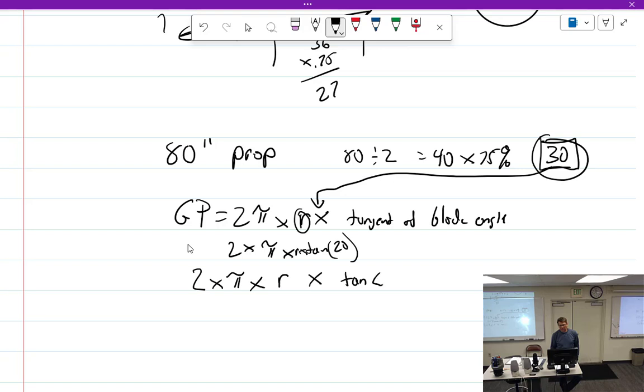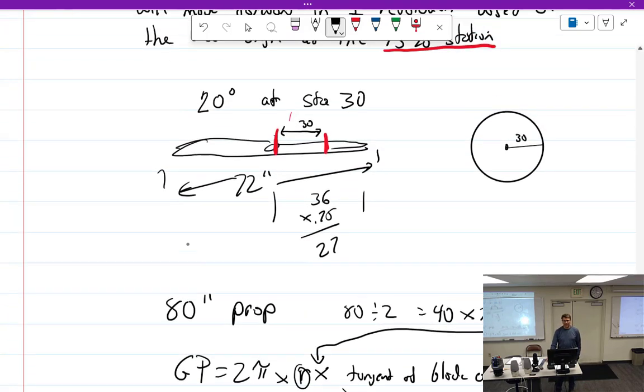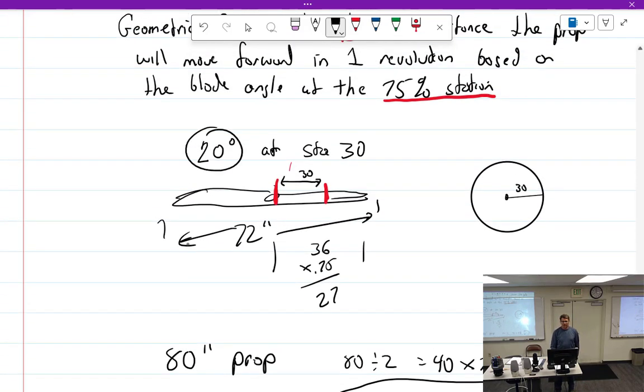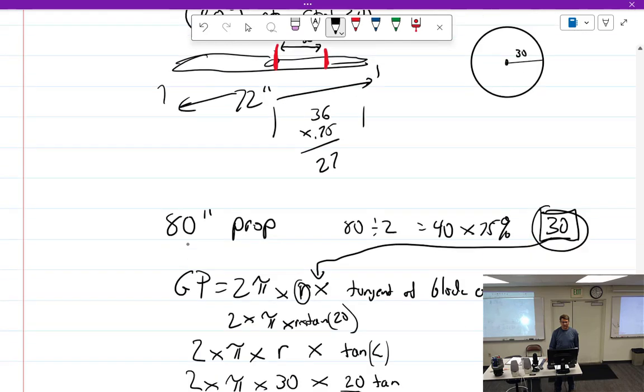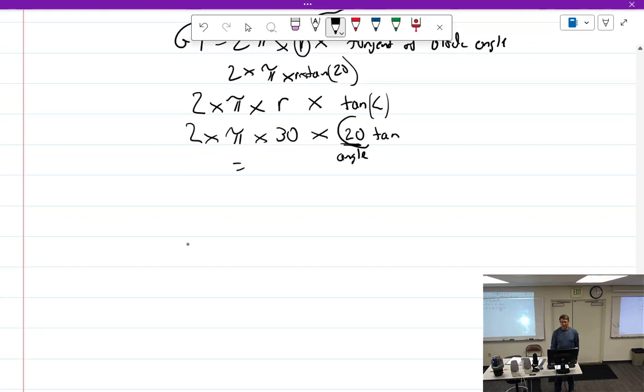That's 2 times pi, my radius is 30, times tan of 20. Tan of 20, that's the angle. Where did I get 20? I gave it to you. It said you have 20 degrees at station 30. So there's the 20, and there's the 30.